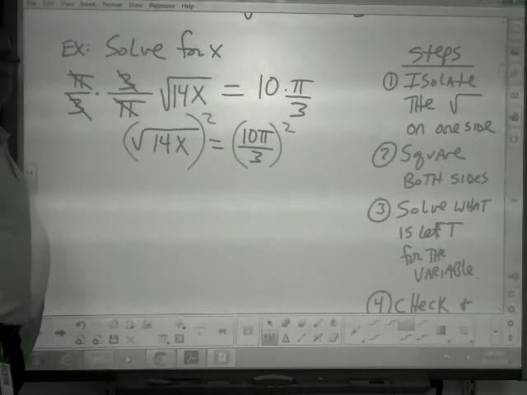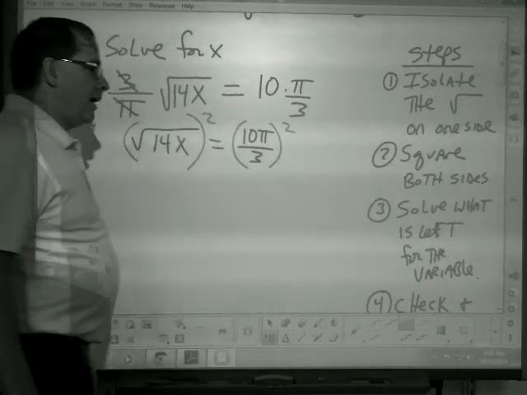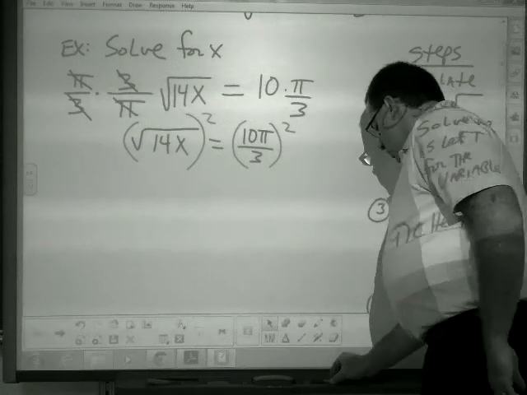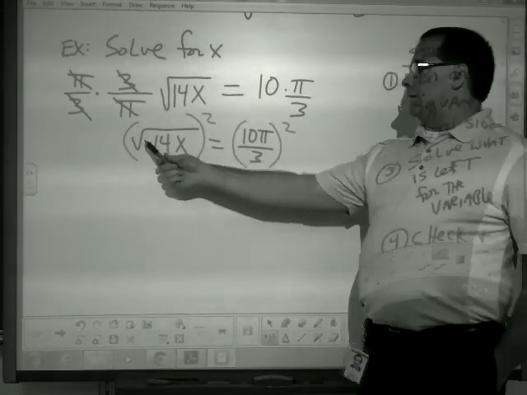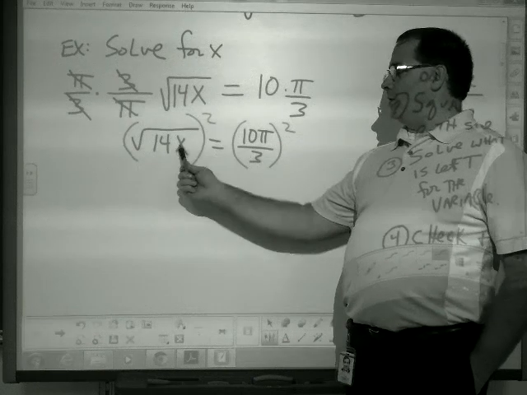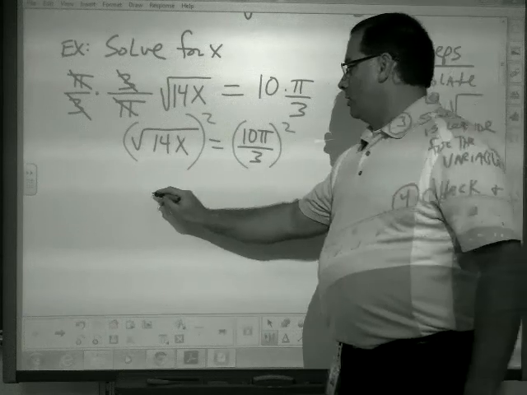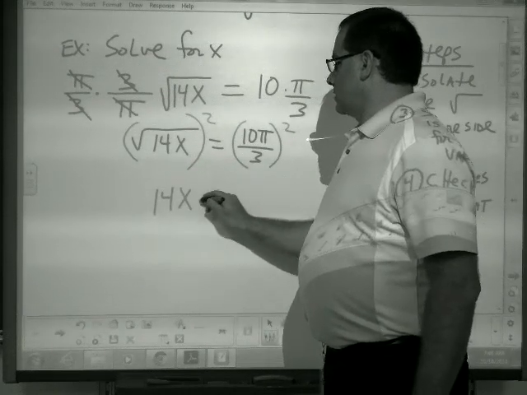Squaring both sides will undo the radical. We talked earlier about the fact that the square root of anything squared is just the anything, because you're doing and undoing the operation. So this just turns into 14x on that side.